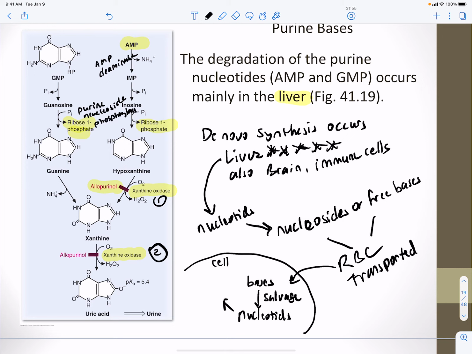And then you can go to RNA or DNA. Okay, so this is very important because this salvage pathway is going to allow the bases, nucleosides, and nucleotides to be easily interconverted and also enable the liver, that is the major producer, to release these into the circulation so that cells can pick them up and salvage these bases.